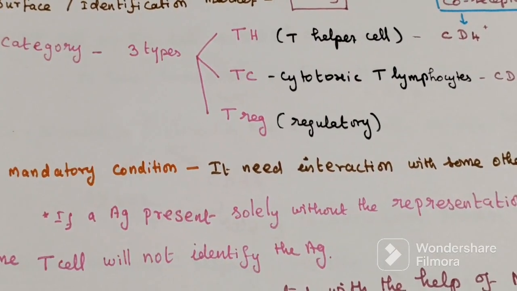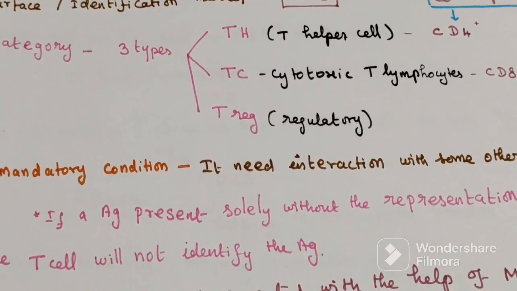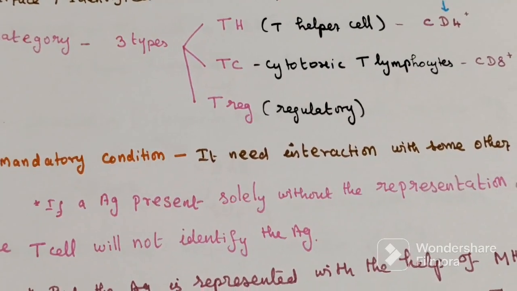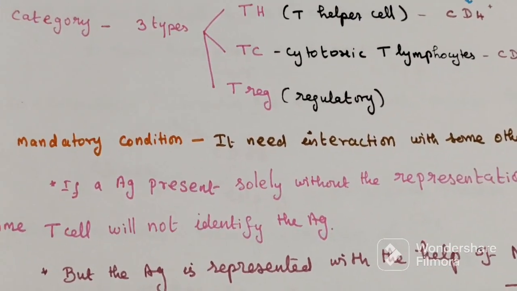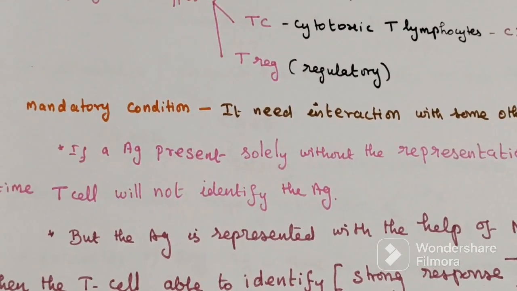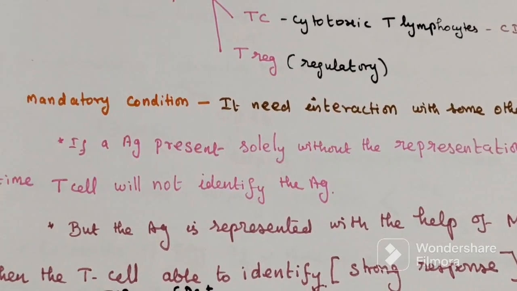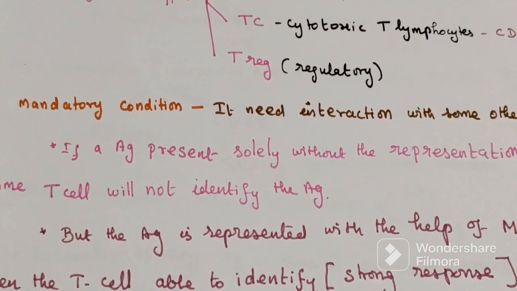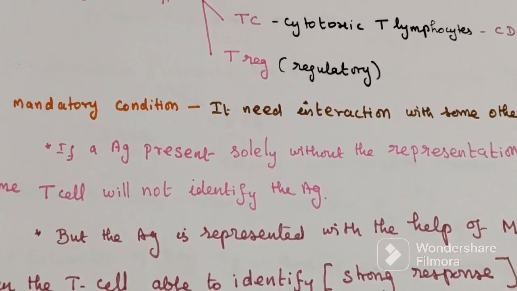For that identification, T cells need antigen presentation with MHC molecules. If the antigen is present without MHC molecules, the T cell is not able to attack, and there is no strong response towards that antigen.